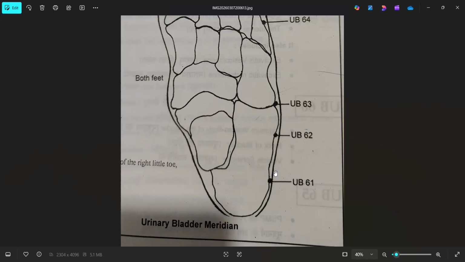Similarly, a lot of points are there which will affect the whole of the region.